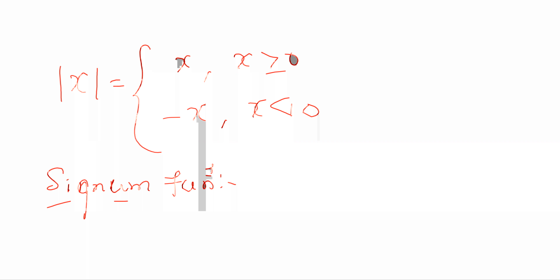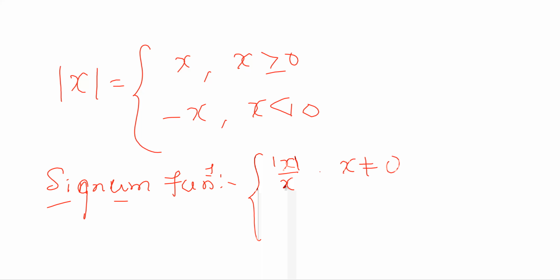The signum function is mod x by x when x is not equal to 0, and it will be 0 when x equals 0.